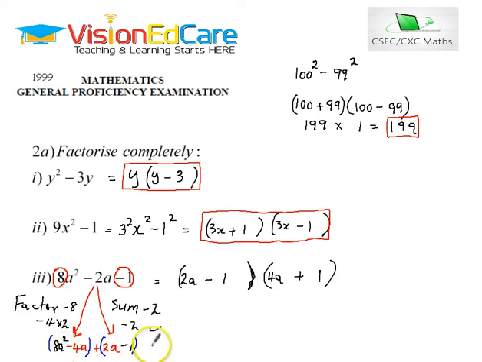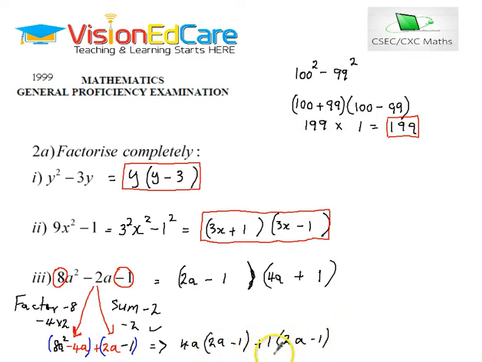So if we factor out 4a, 4a times something gives us 8a squared, and that's going to give us 2a minus 1. And then the common factor in the second bracket is just positive 1. So it's plus 1 times 2a minus 1. So we have a common factor here now, which is 2a minus 1.